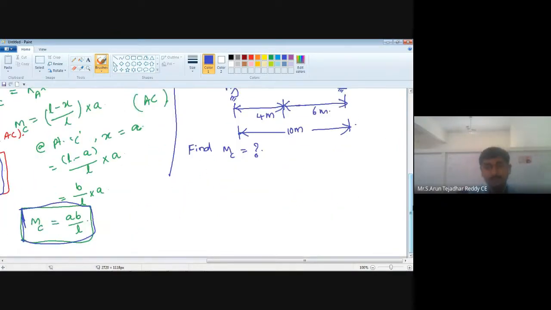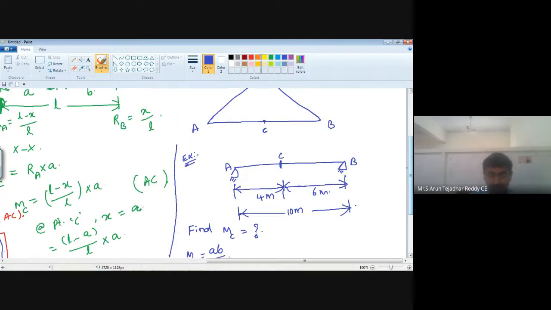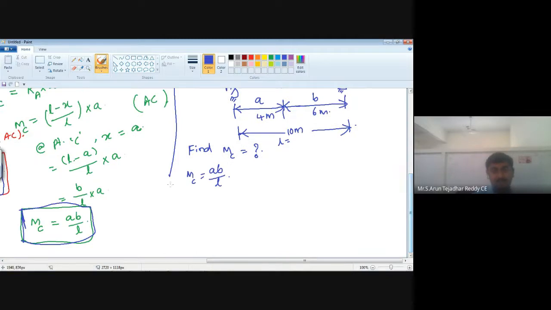First of all, you need to observe the moment at this point is AB by L. So my formula is MC is equal to AB by L. From this given diagram, A is 4 meter, B is 6 meter, and L is 10 meter.